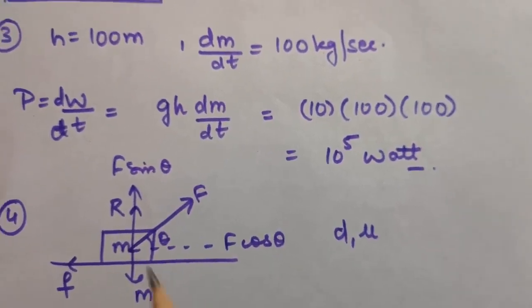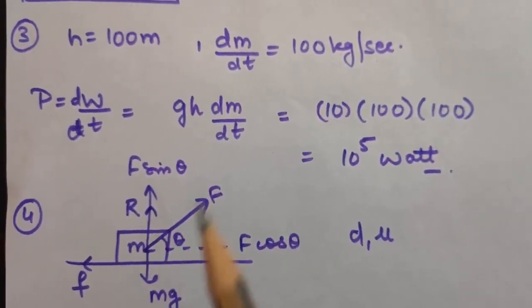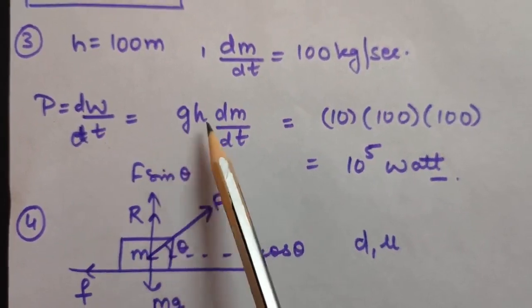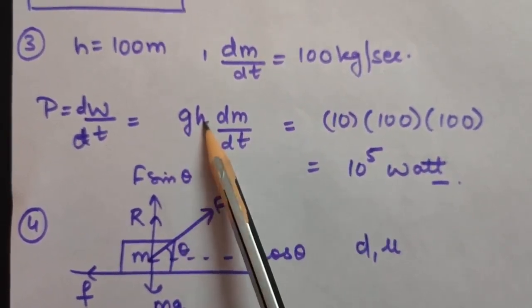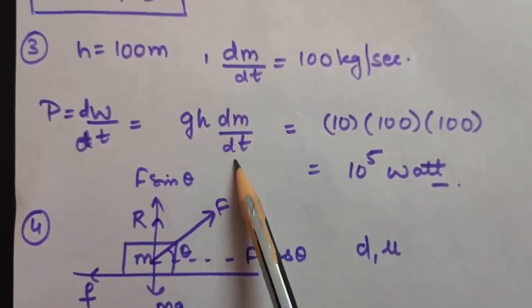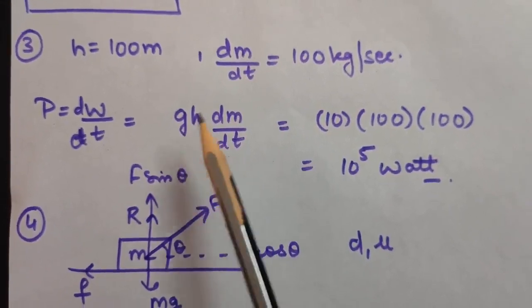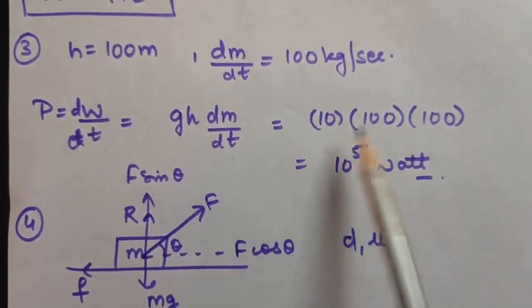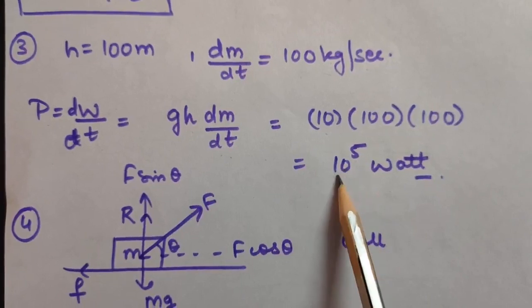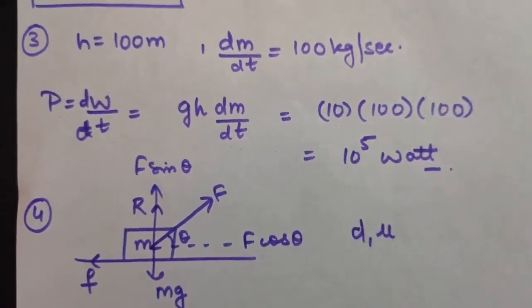So gh is constant, it will come outside of the differentiation and you will be left with dm by dt. Now you know g, you know h, you know dm by dt, put the values, you will get the power to be 10 to the power 5 watts.